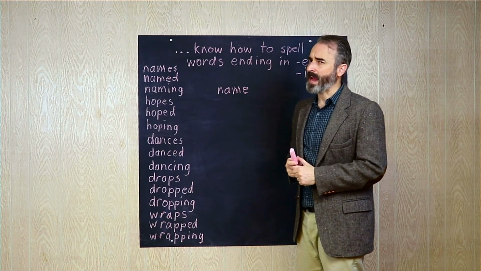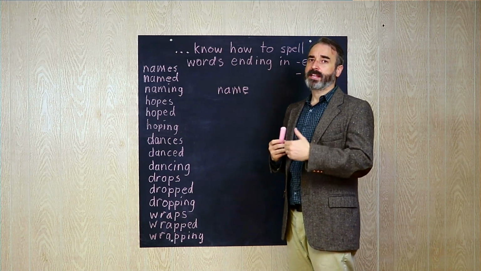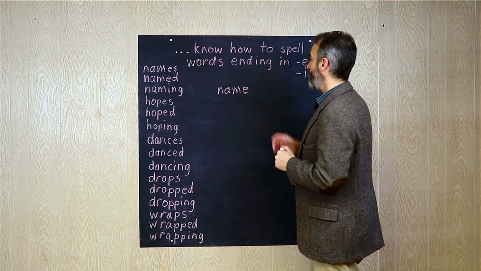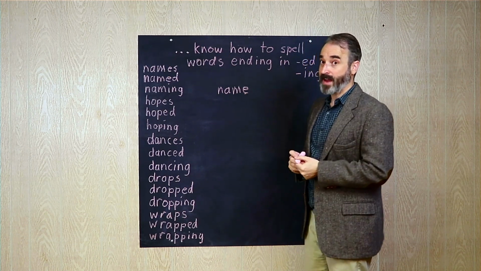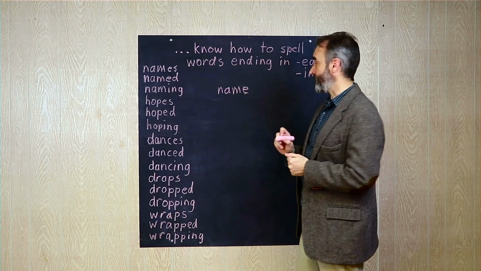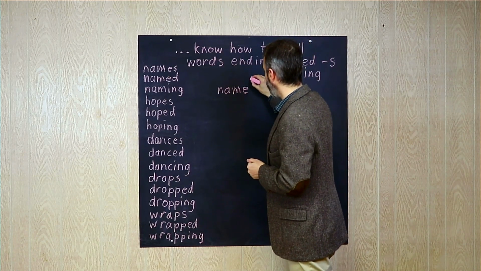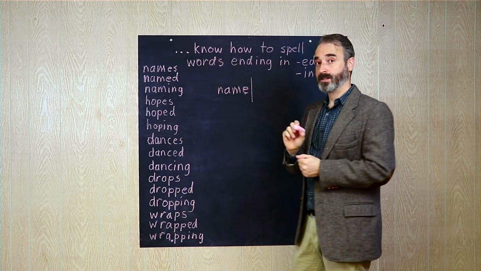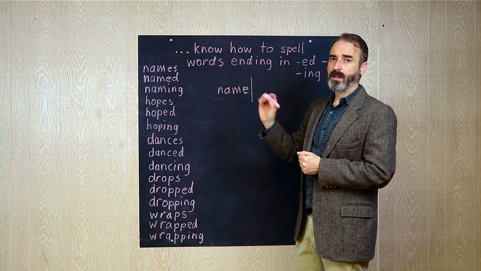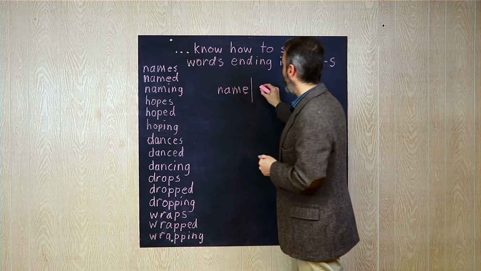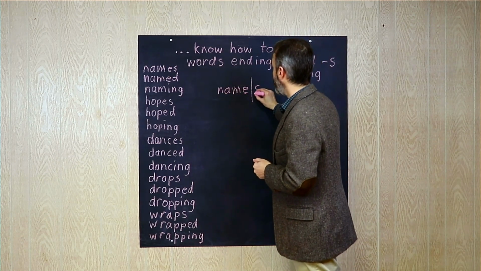But when you're in the act of naming something, he names it. Names is the action. With the S words, all you have to do is add the S at the end. So let's draw a little line here to separate and know that this is the original word. And then we'll just put an S at the end.